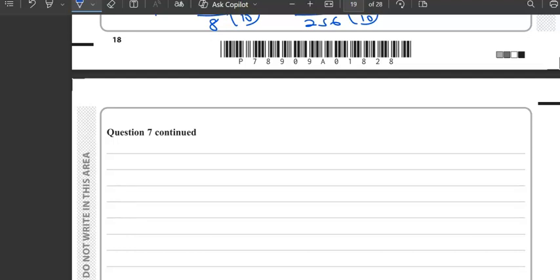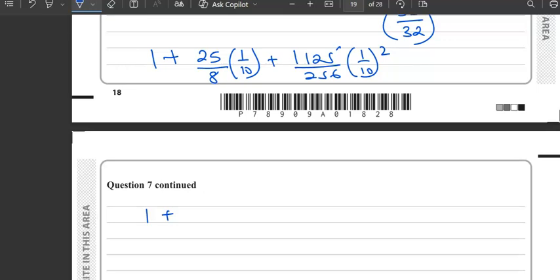Simplifying this, we will have 1 plus, of course, 25 times 1 is 25, 8 times 10 is 80, so 1 plus 25/80, then plus 1125 over 256 times 100, which is 25,600.